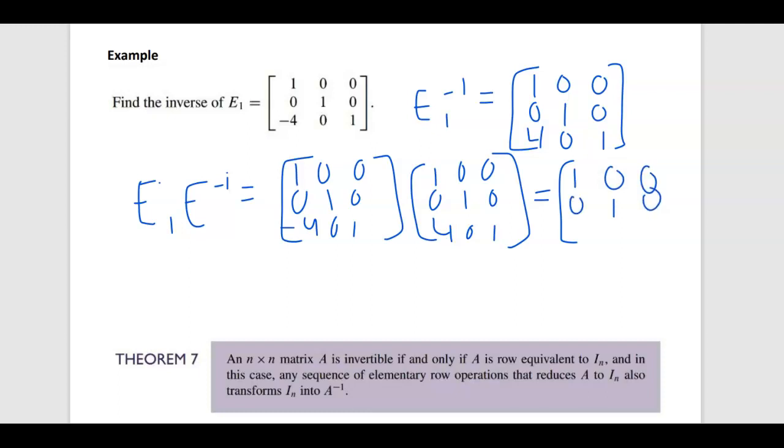And let's think about what's going to happen in this spot specifically. So -4 times 1, 0 times 0, 4 times 4, I do end up getting 0 here. I end up getting 0 here, and then 1 here. Okay, so that has to be our inverse of E1. And you could check it the other way as well if you would like to.